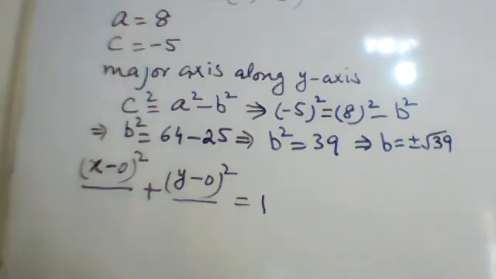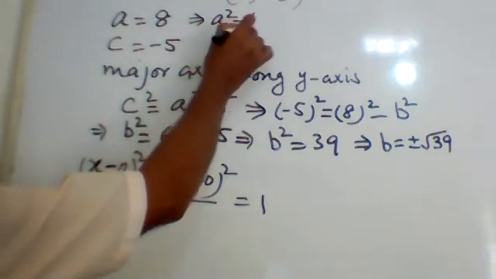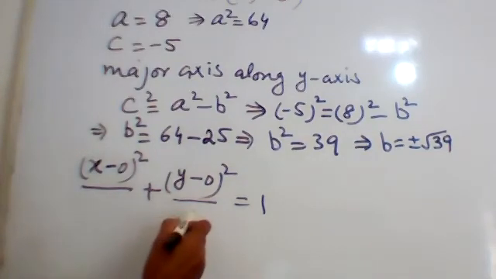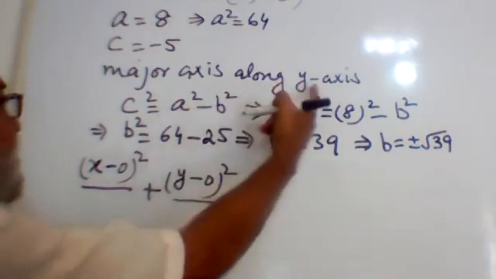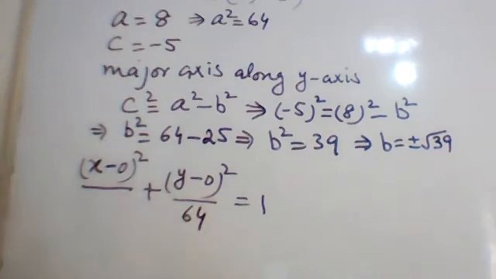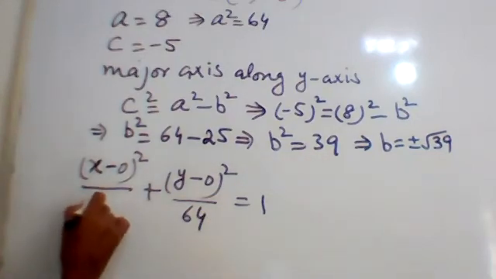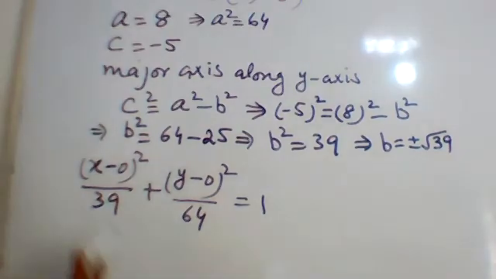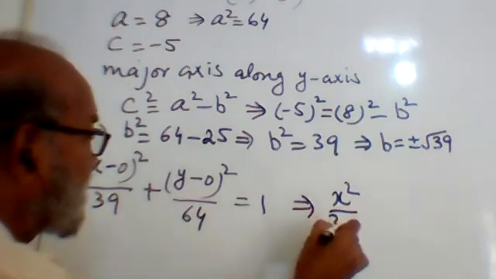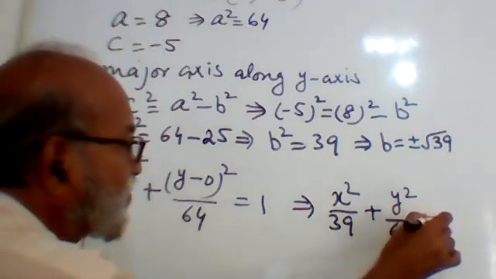A is 8, so A square is equal to 64. So under y square, 64, and B square will be written under x square, 39. So this is the answer: x square upon 39 plus y square upon 64 equal to 1.